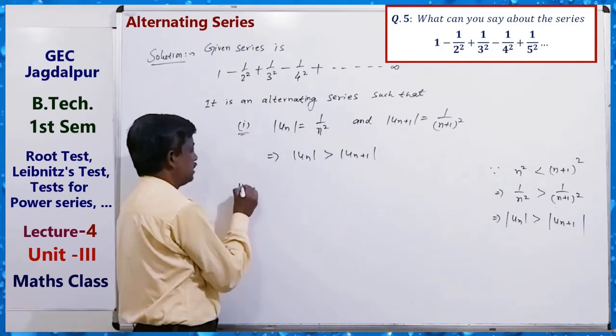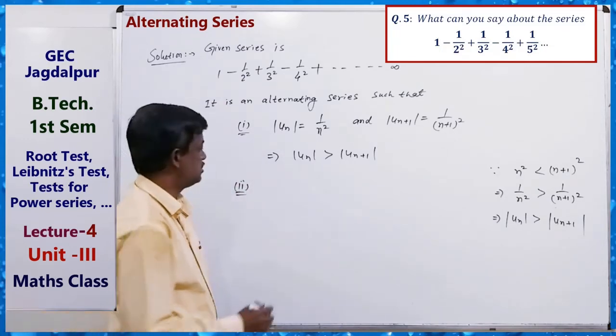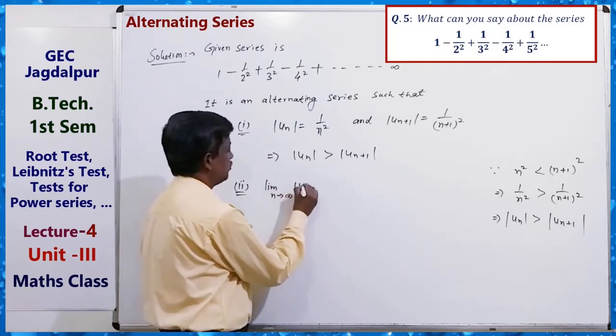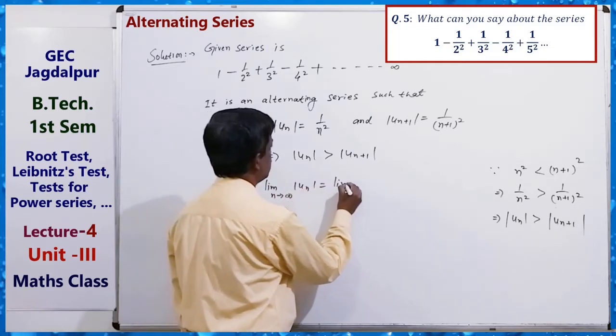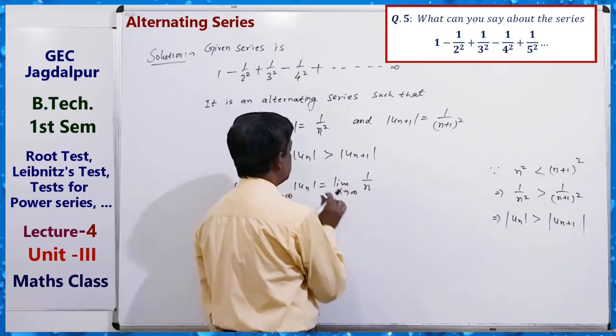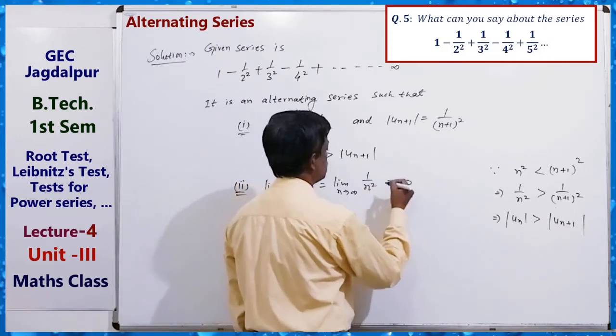The second condition: limit n tending to infinity of mod un equals limit n tending to infinity of 1 by n square, which equals 0.